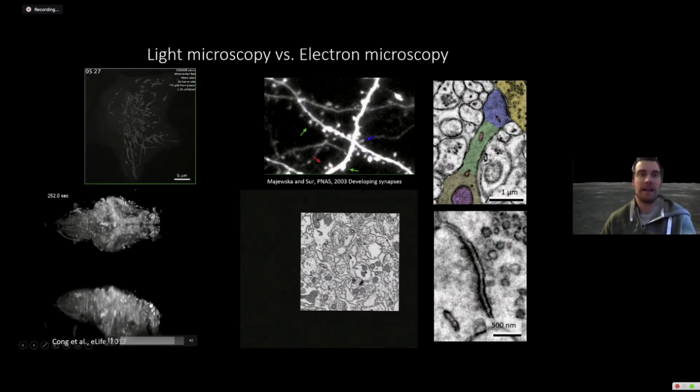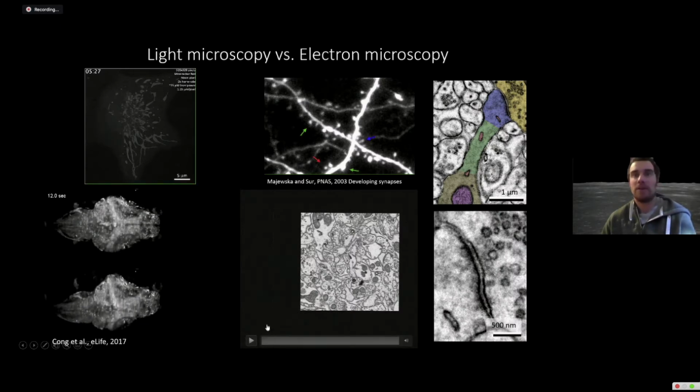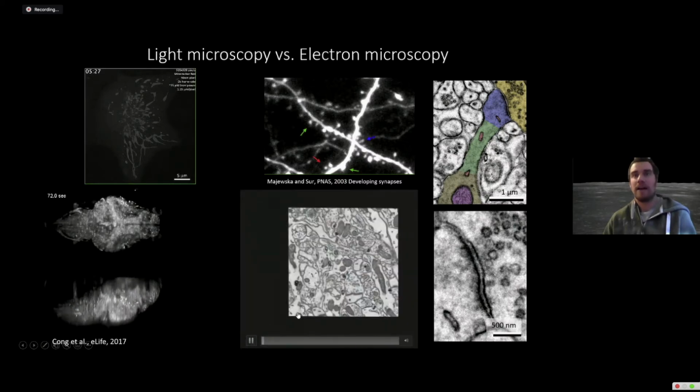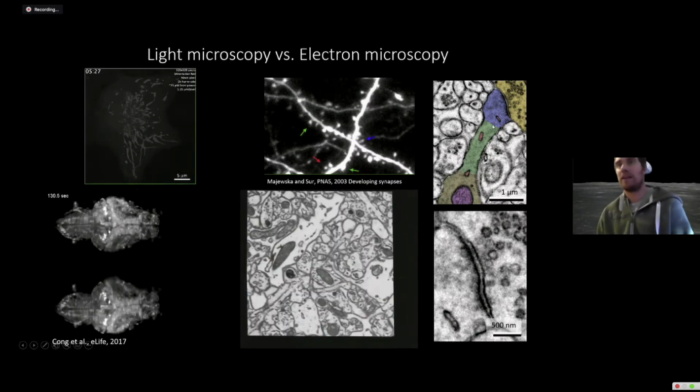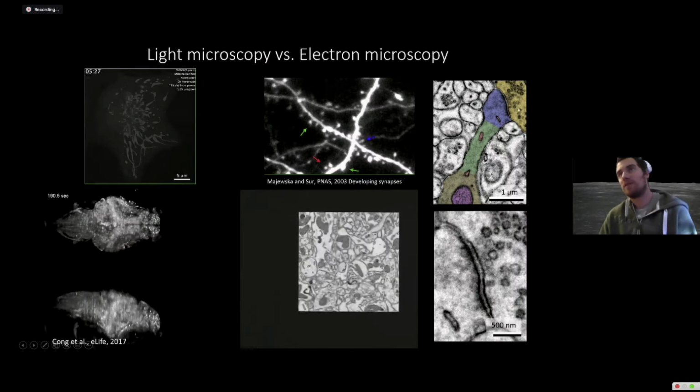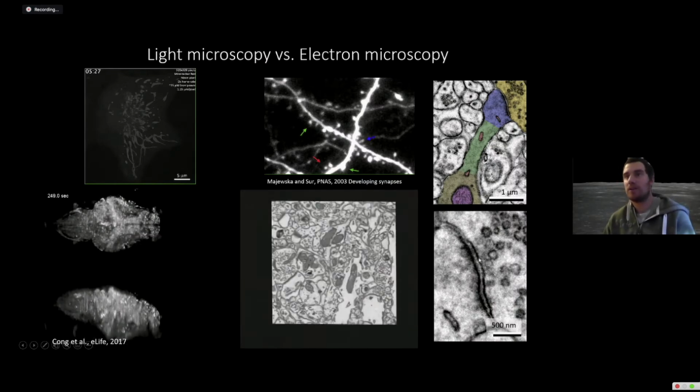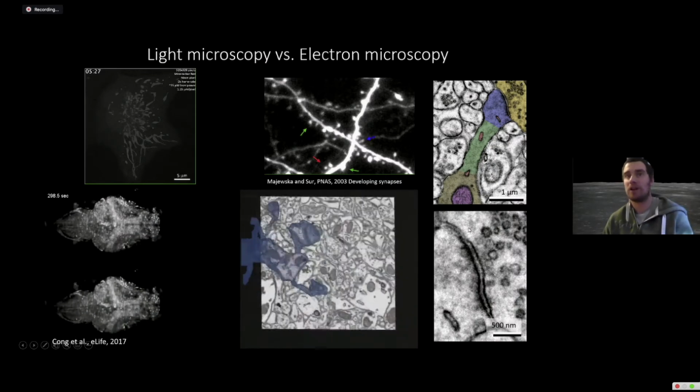So again, in light microscopes, you can get this nice resolution, you can see lots of things, you can look at dynamic behaviors, but you can't get the same resolution as inside of an electron microscope. Here we're looking at what Uri showed you before, those synapses. We can look at those in very high detail using an electron microscope.